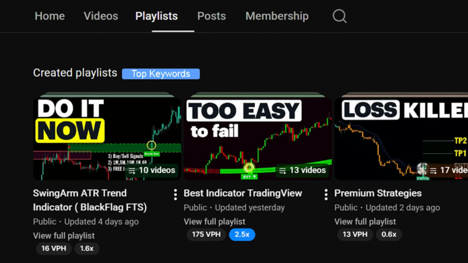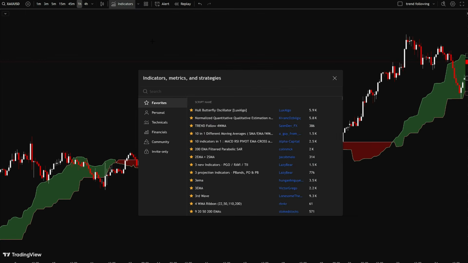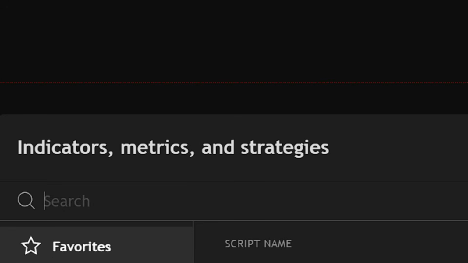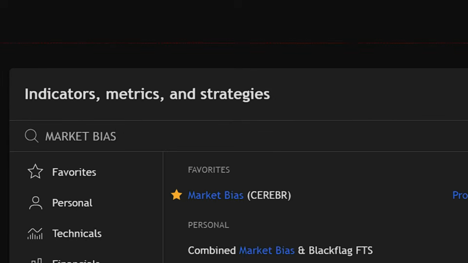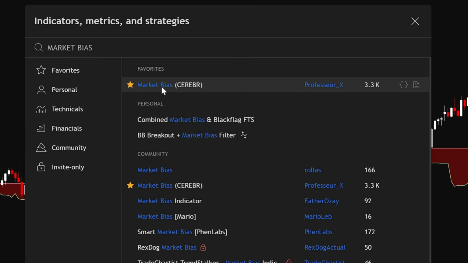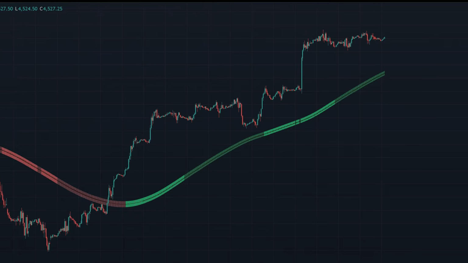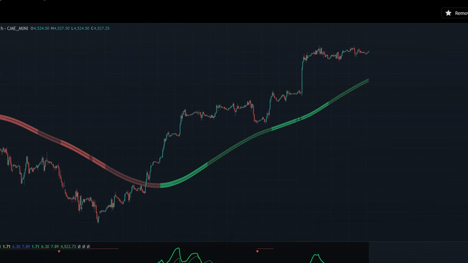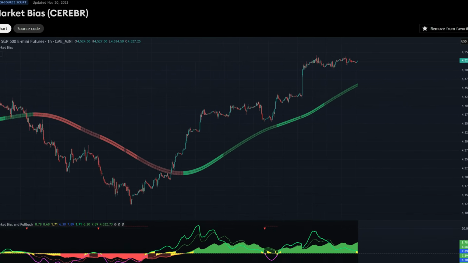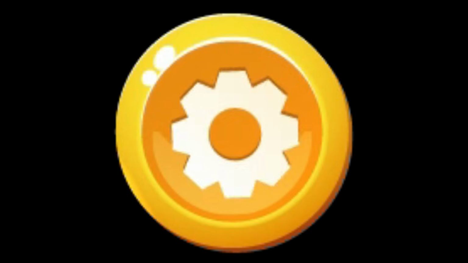Alright, back to this strategy. The filter we're gonna use is called the market bias indicator. In my experience, I find it to be a more direct filter than using just moving averages, but we do need to tweak it a little to fit this setup.